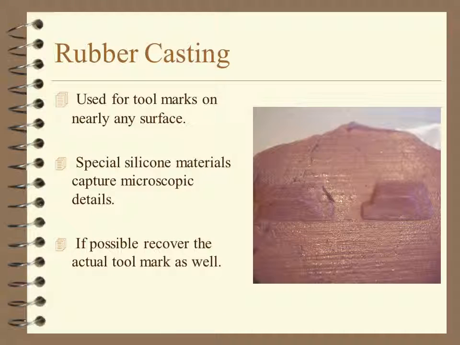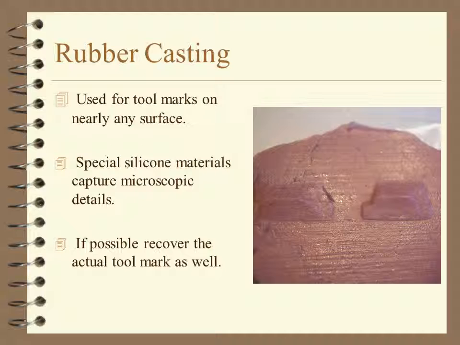Rubber casting or silicone casting usually involves mixing a rosin and a hardening agent together. And this particular picture on your right was a tool mark that was captured using microsil. Microsil is a silicone rubber-based casting material that is squeezed out in equal lengths and then mixed together.